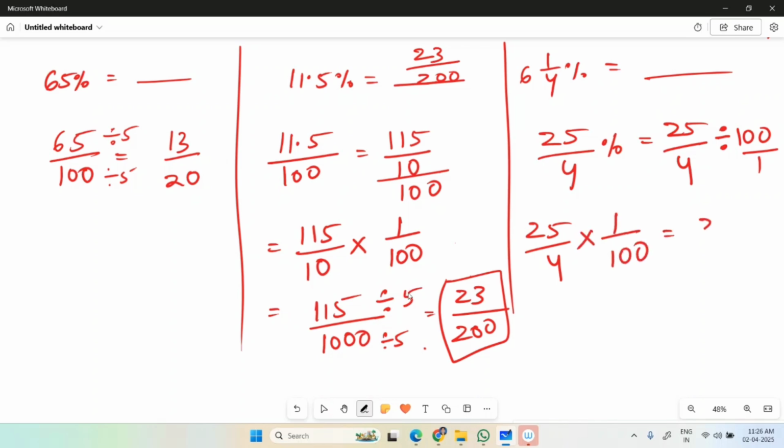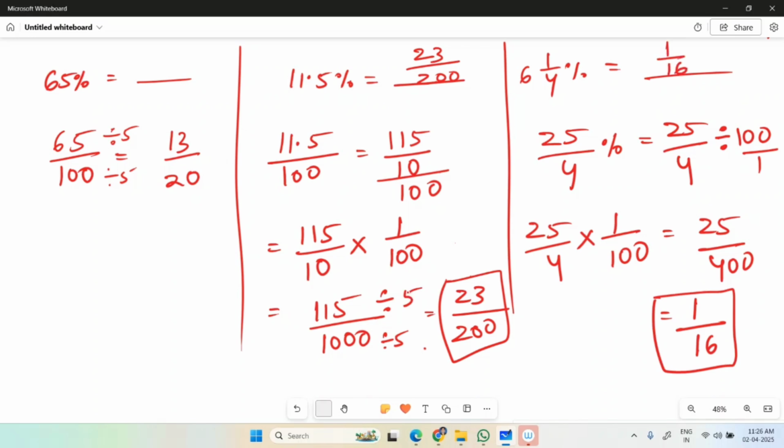If you simplify this, 25 out of 400. Both 25 and 400 are in the 25 times table. So 25 times 1, 25 times 16. So 6 1 by 4 percent is nothing but 1 out of 16.